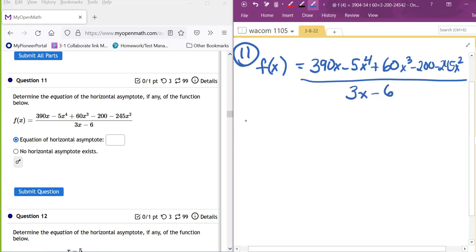Right, and it is asking about the horizontal asymptote. And you need to just memorize that table.